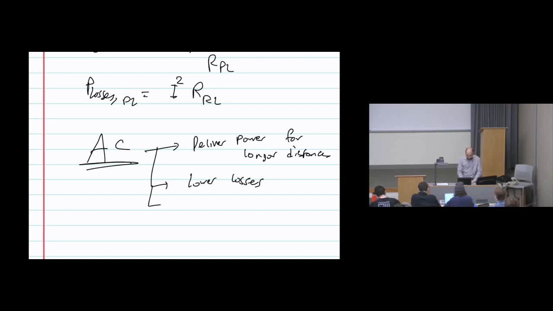That's a big advantage. The other thing is the losses, very low losses. And the other thing also is that we can step up or step down the AC voltage easily. How? Using the transformer.